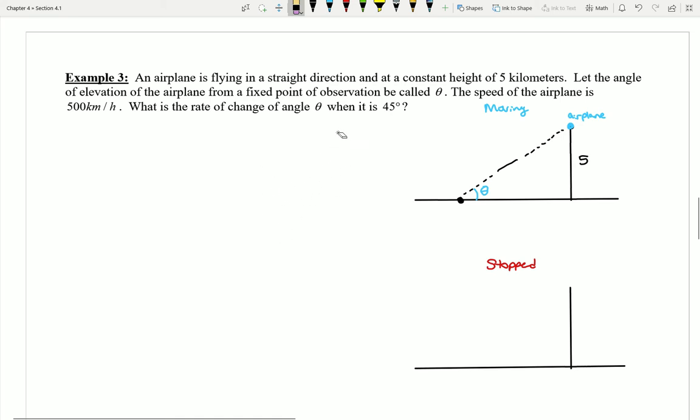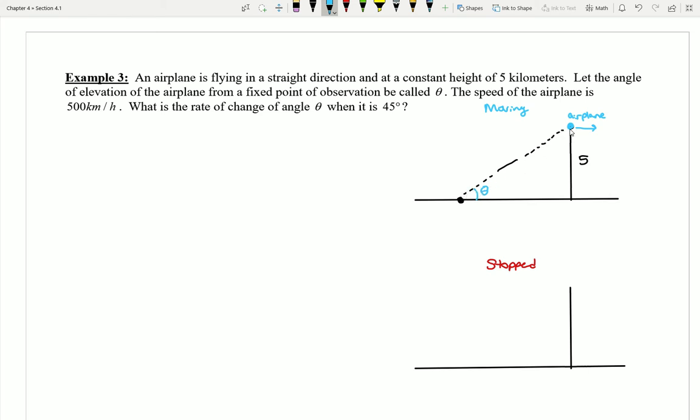Now, if I continue reading here, I can see that the speed of the airplane is 500 kilometers per hour. I'm not entirely sure where to put this in the picture, but let's at least note a couple other quick things in this scenario. If my airplane is flying in this particular direction, is the person standing here going to have to continue to tilt their head higher and higher, or lower and lower?